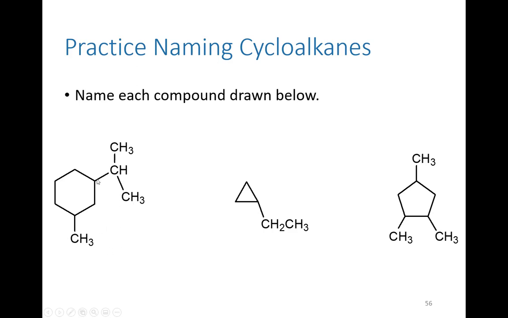So this is going to be 1, and we're going to number to get the next number as low as possible. So 1, 2, 3. So it will be 1-isopropyl-3-methylcyclohexane.